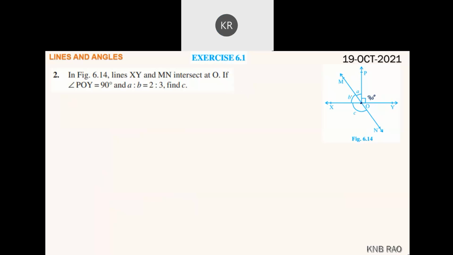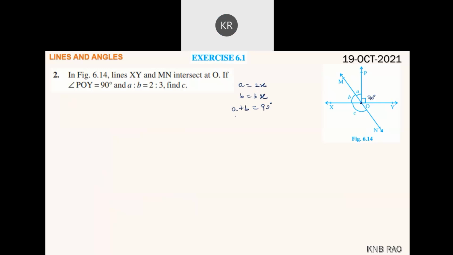See, A is 2 parts, 2x, and B is 3 parts, 3x, and A plus B must be 90 degrees. I'm not writing theoretical steps, children. Now you know how to write.